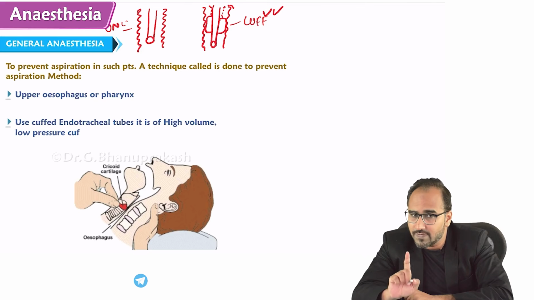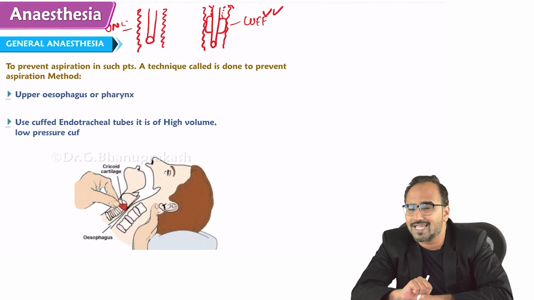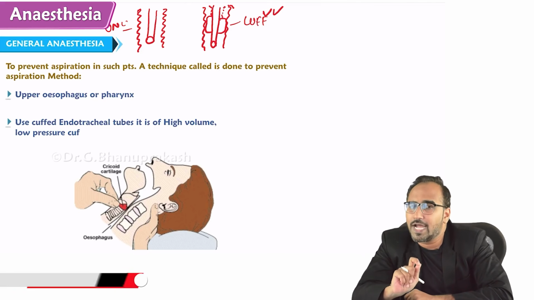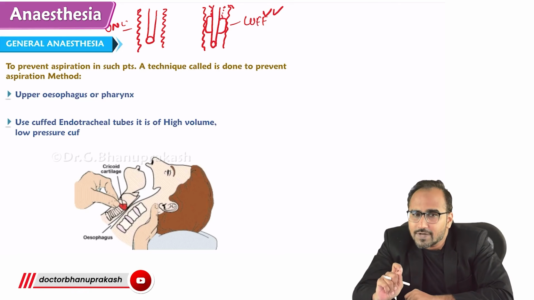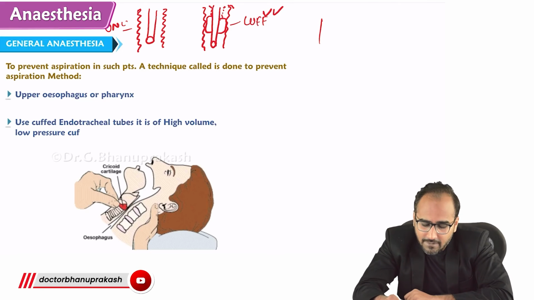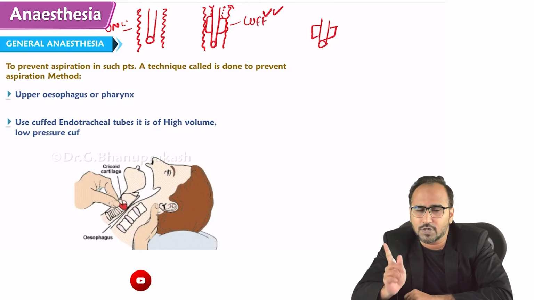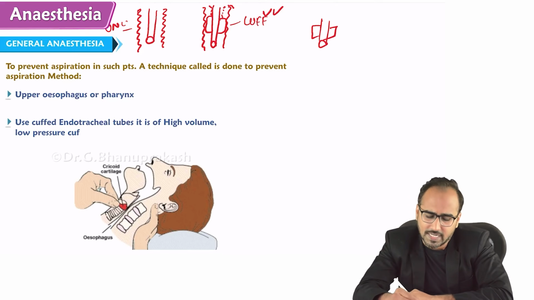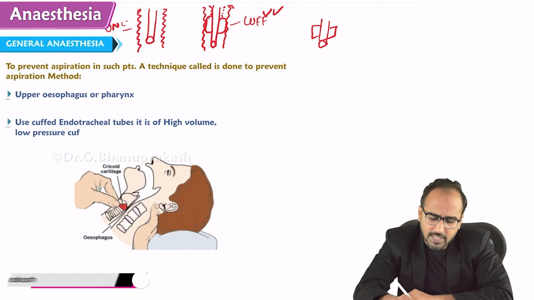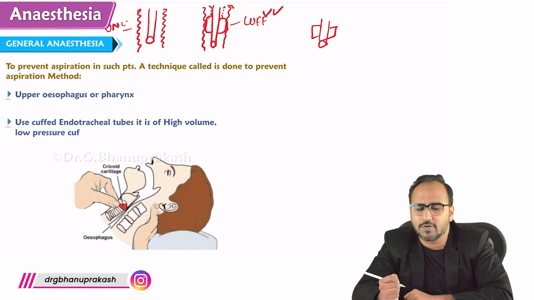My question was, when will you tell your assistant to remove the Sellick's maneuver? Sellick's maneuver is removed after intubation and inflation of the cuff. Once you inflate, the cuff will totally block the lumen of the trachea. Now the material won't go inside.